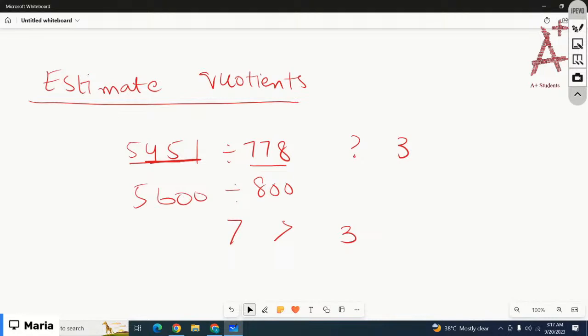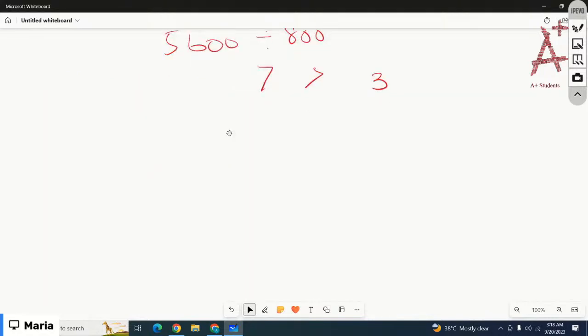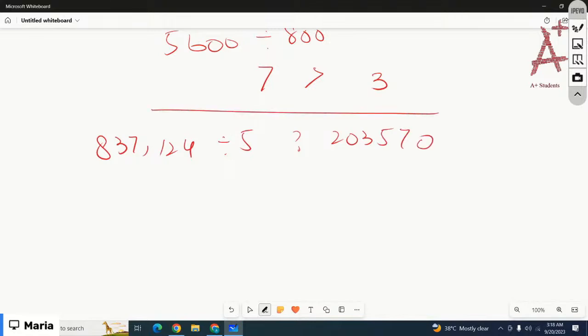The other example is, you have to divide 8. Okay, here is the question.